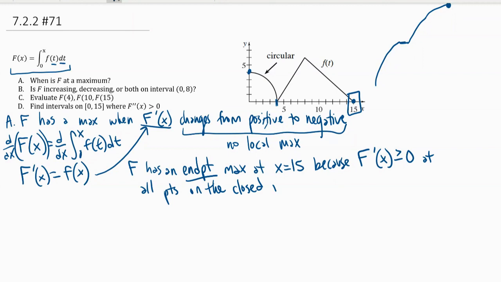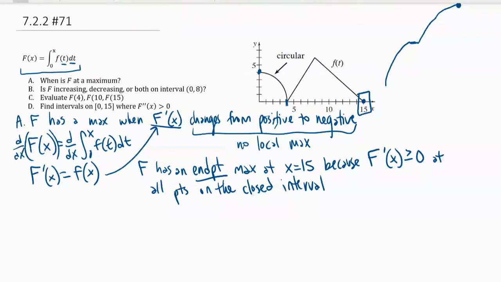So this is how I'm explaining why it's an endpoint maximum. And that's because if your slope is positive or 0, that means your function is increasing. If your function is increasing, it has an endpoint maximum if there's an endpoint. In this case, there is an endpoint. So I can call that an endpoint maximum.